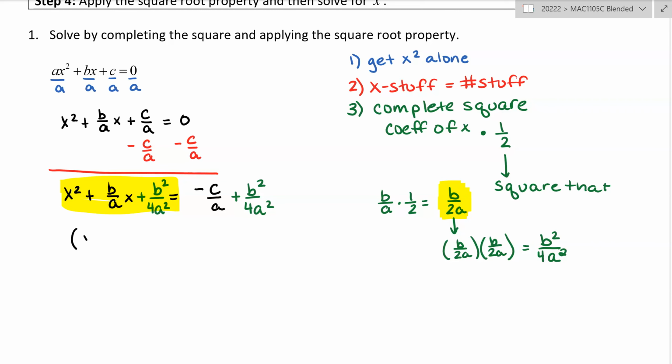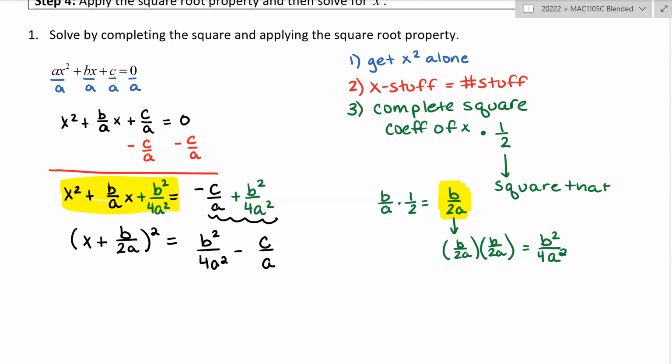So I'm going to write this as x plus b over 2a squared equals, and then on this right hand side, we're just going to write those next to each other. b squared over 4a squared minus c over a.